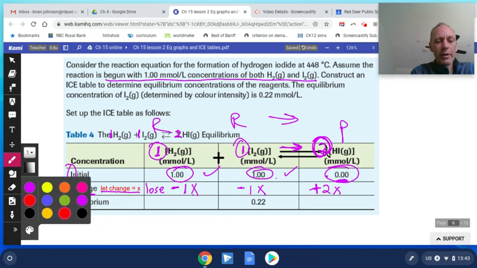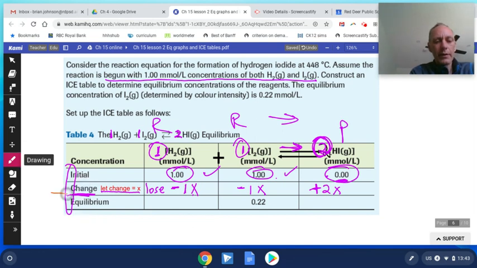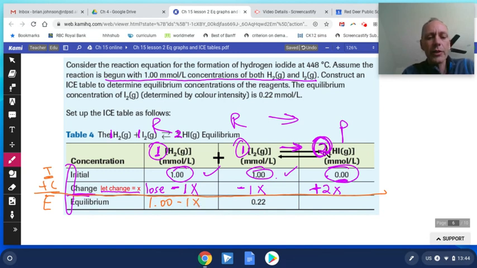Okay, the last part of an ice table is to take what you started with, your initial, add the change to get the new equilibrium concentration. So it's like an addition table. We take our initial, add the change, and that's our equilibrium concentration, 1.00 minus 1x.